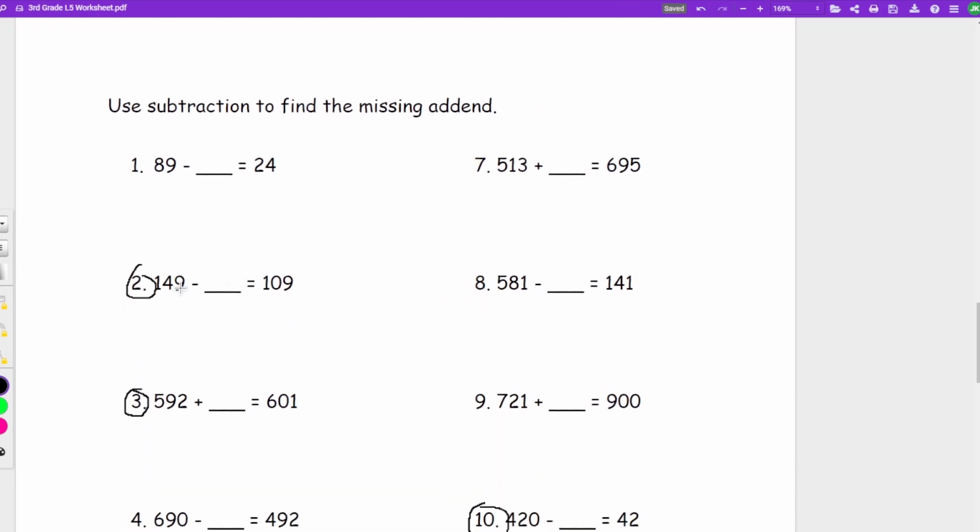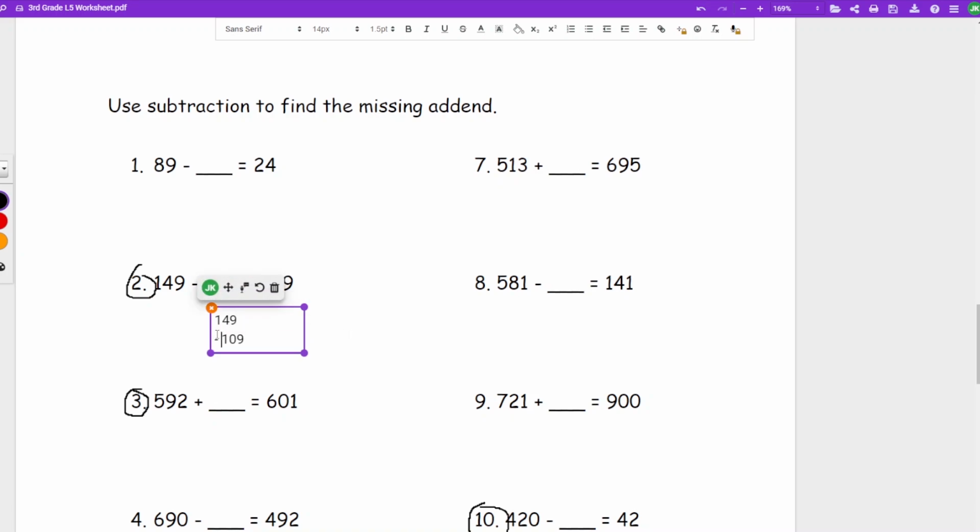Okay, number 2. 149 minus something equals 109. To find this missing number, I'm going to subtract 149 minus 109. Let me move this to the next line.